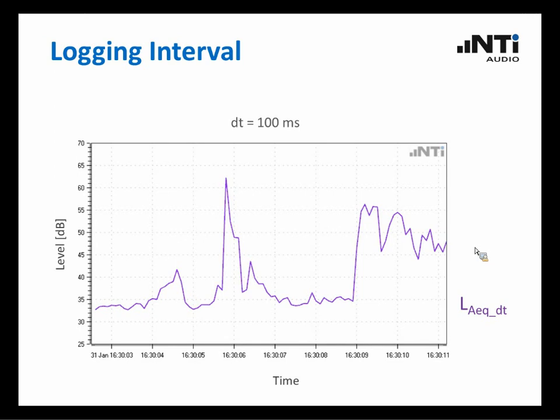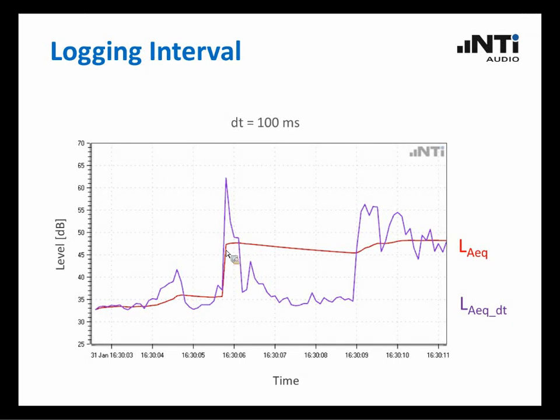Now we can overlay this graph with the LAEQ. And you remember the LAEQ is calculated for the whole period, not just for the logging interval. So we start at the exactly same point as the LAEQ, but then the development has a much higher inertia due to this integrating, this averaging procedure that is applied.